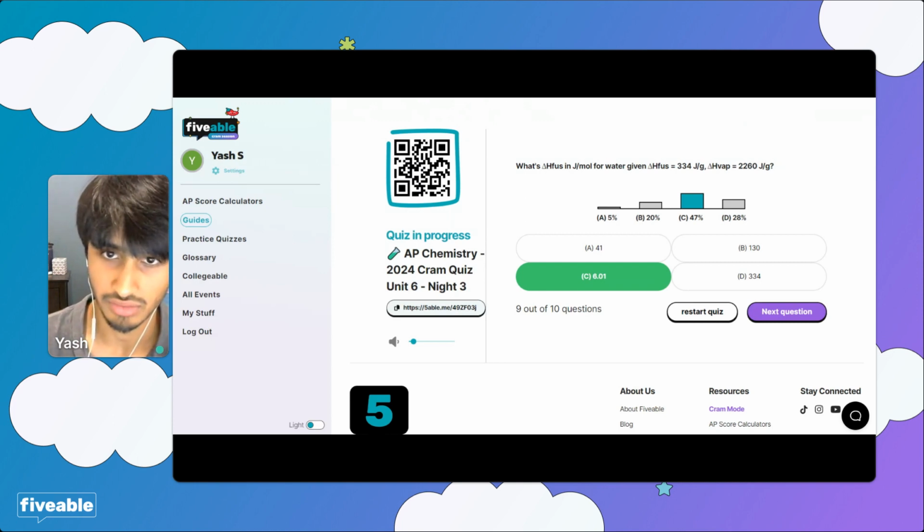So we do dimensional analysis: 334 joules per gram times 18.016 grams per mole to get our units of joules per mole, about 6,000. And the question, as I specified earlier, is actually kilojoules per mole. And that's how we get to 6.01.